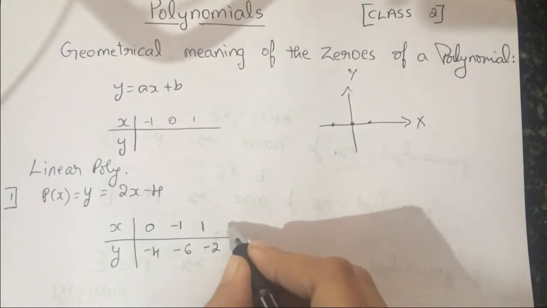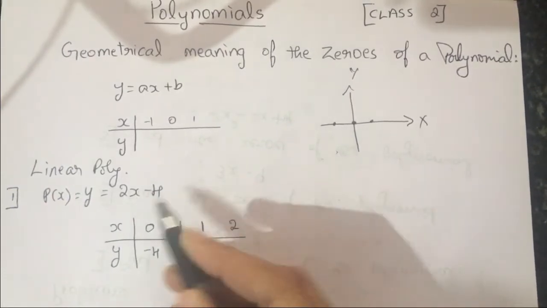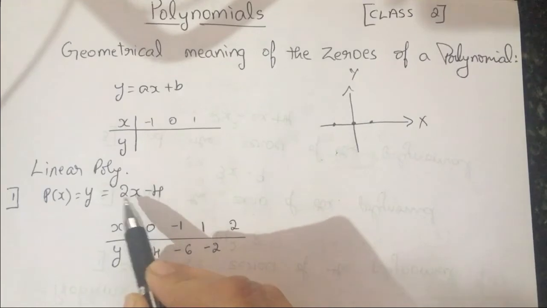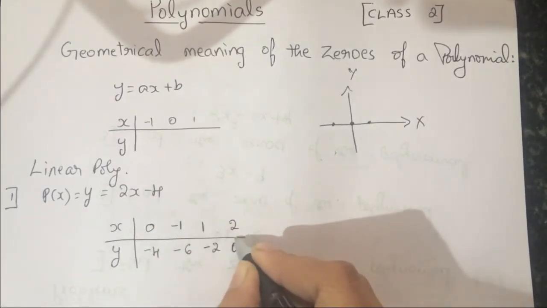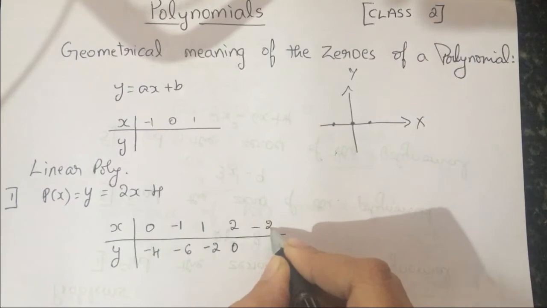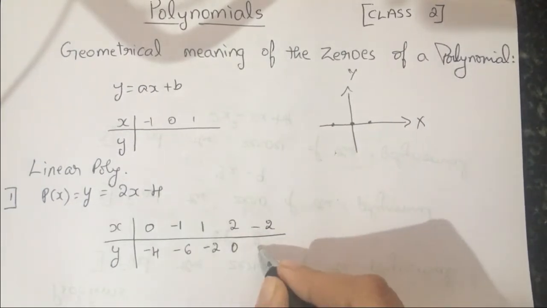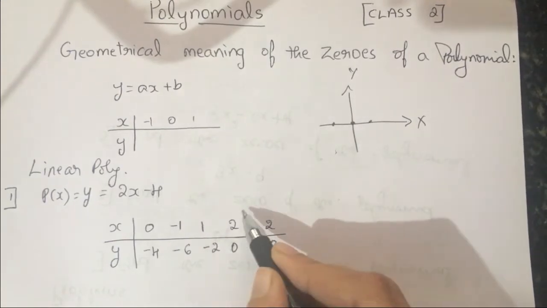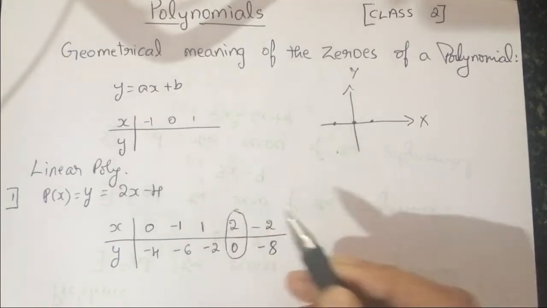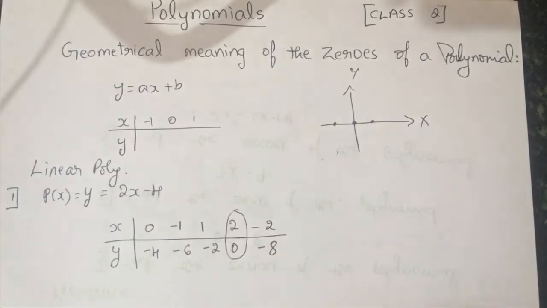When I give x as 2, 2 into 2 is 4, 4 minus 4 is 0. If you want, you can continue. For x equal to -2, -4 minus 4, so it is -8. So I got one such point where y is becoming 0.